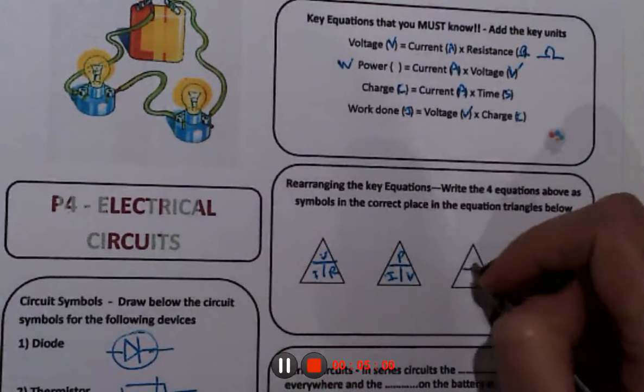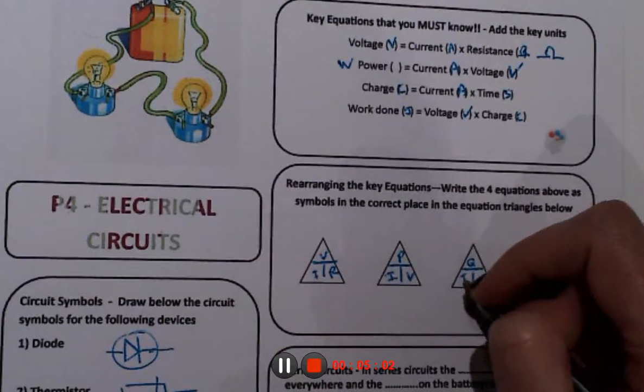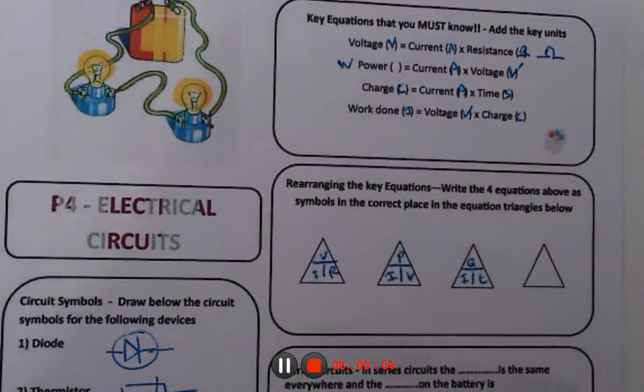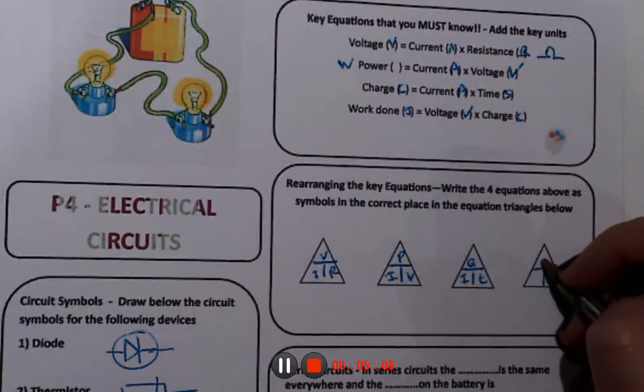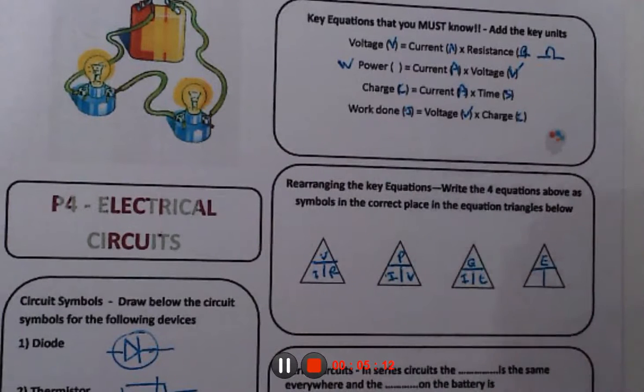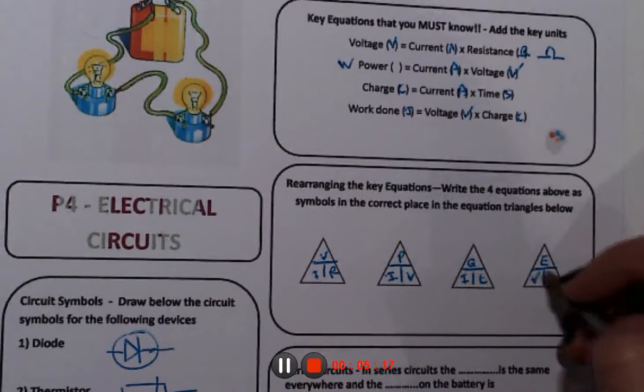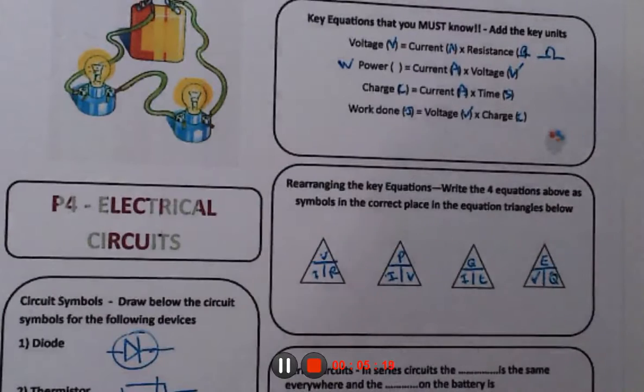Third one, charge Q equals IT, looks like quit. And the last one, work done. So you can do energy or work done. I'll just do energy because it's measured in joules, but work done is potential difference times charge. Okay? Right, last part.